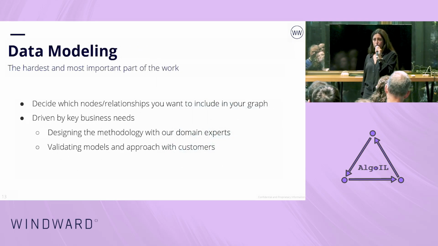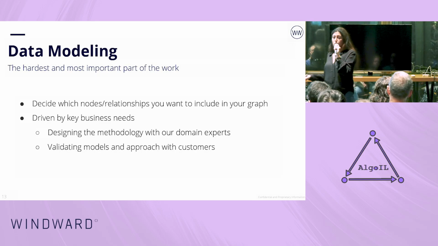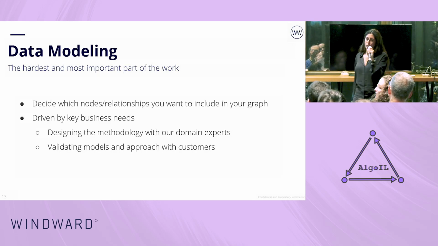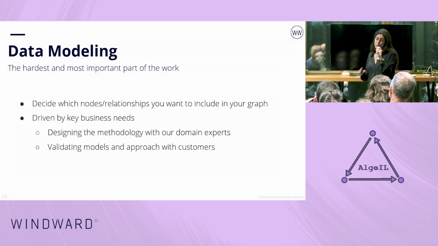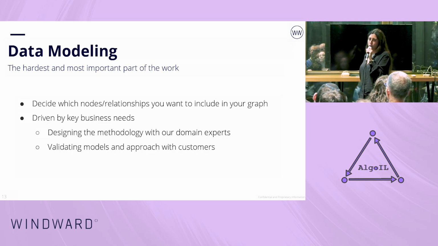Now, we know that we want to work with vessels, but you need to start somewhere, right? To start somewhere, you need to decide on your data modeling. That means deciding which nodes and relationships you want to include in your graph. As I mentioned earlier, we at Windward work hard on combining domain knowledge and data science skills.